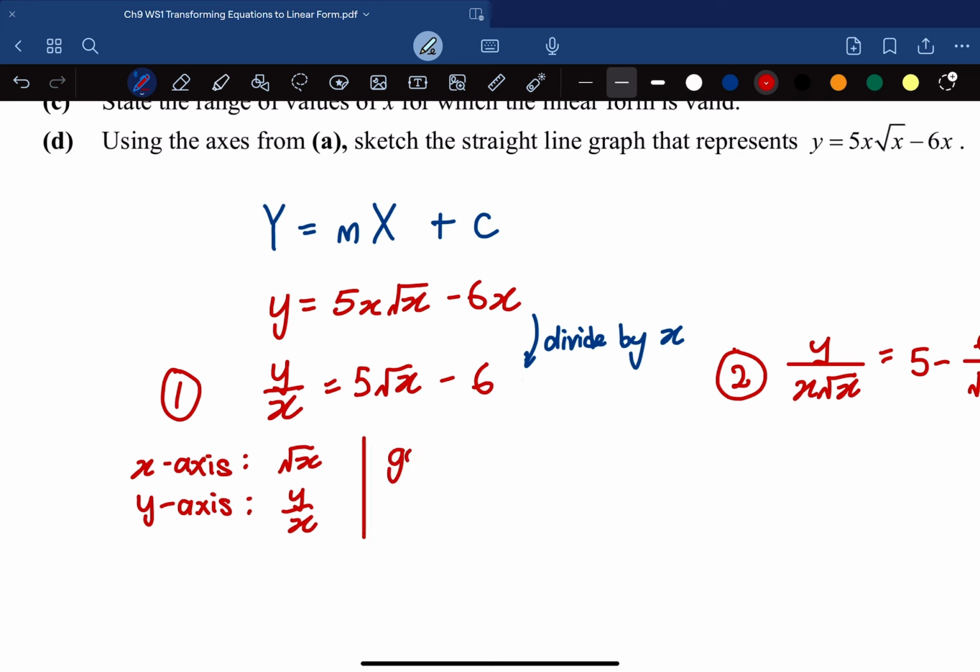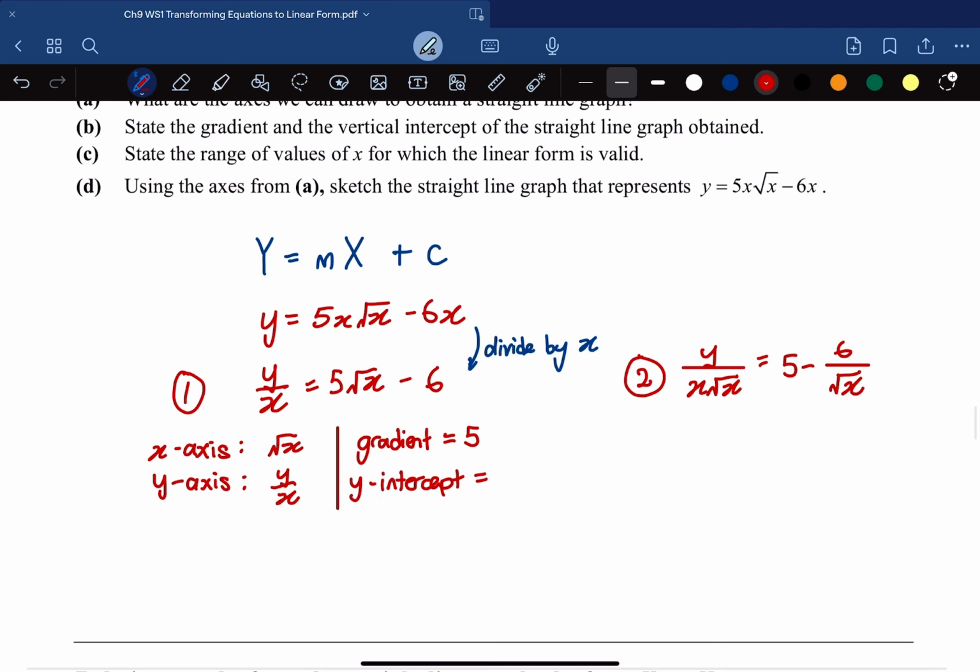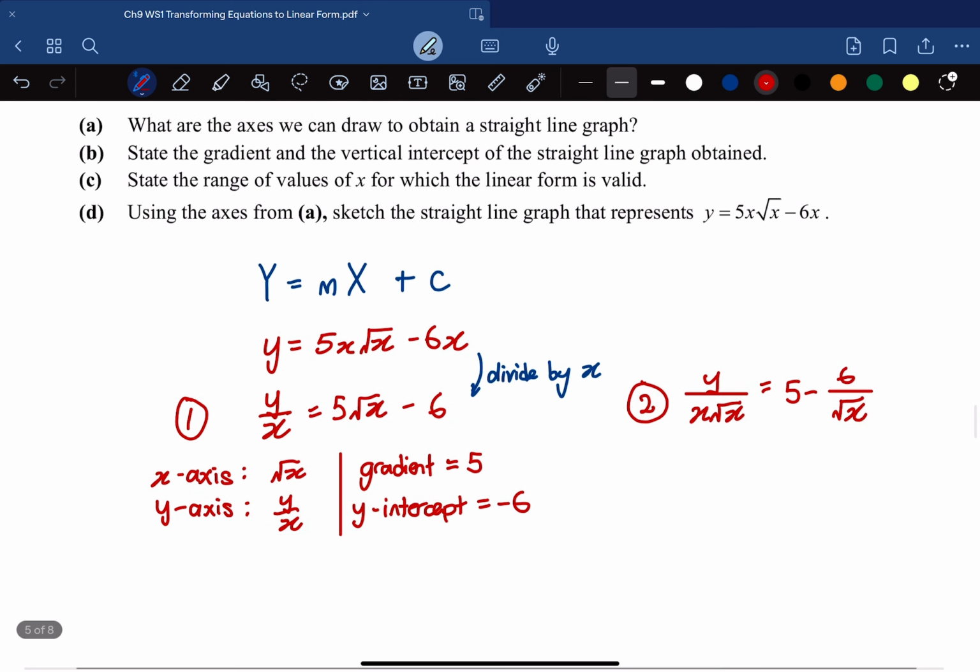Gradient in this case is equals to 5. Y-intercept in this case will be simply equals to negative 6. Okay, so over here I've answered part A and part B. Okay, this is for method 1.